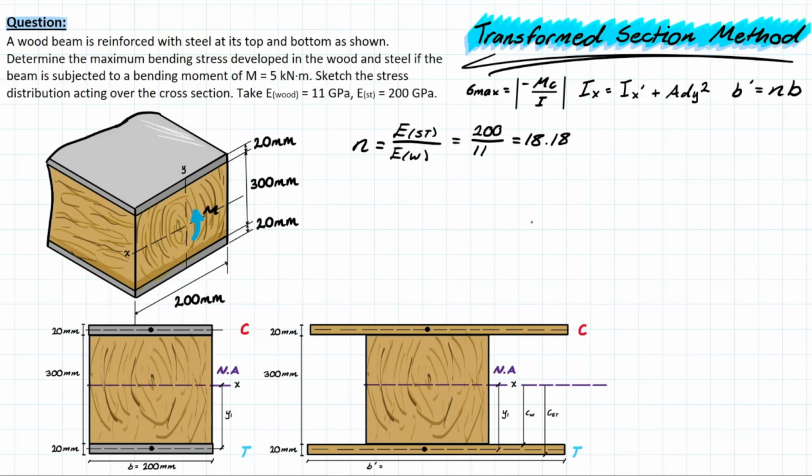In other words, to keep things super simple, what this means is that if we were to theoretically replace this entire piece of steel with an equivalent piece of wood, this piece of wood needs to be 18.18 times the area of the initial steel area. All right.